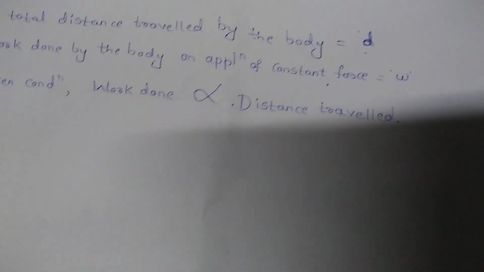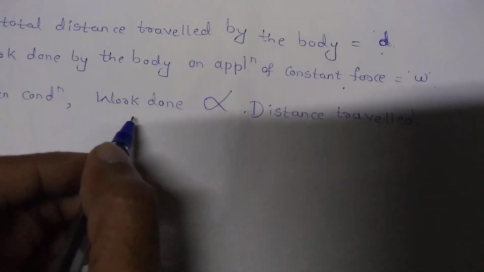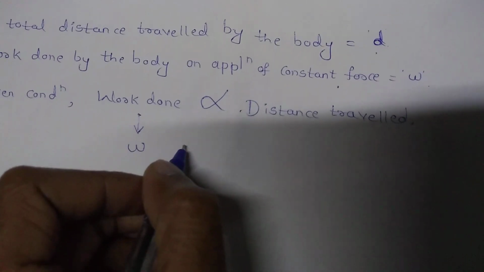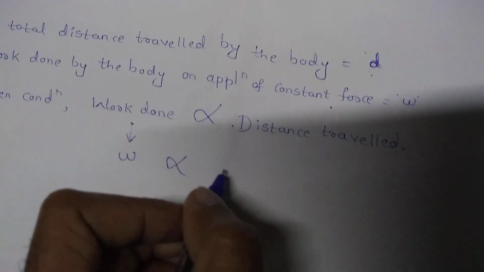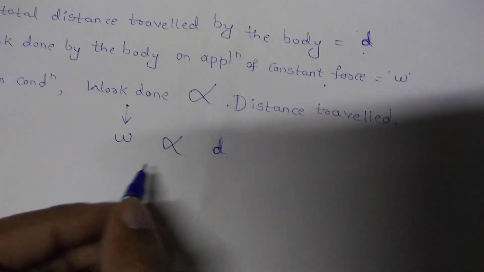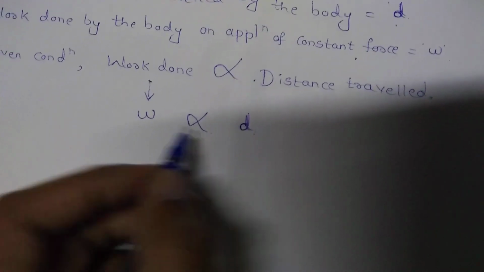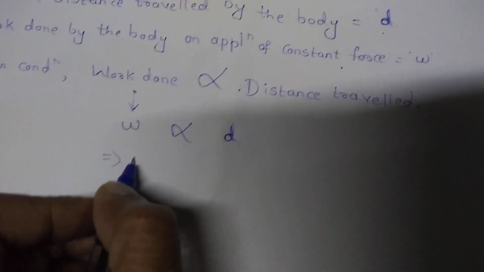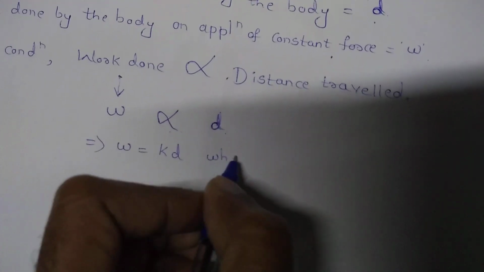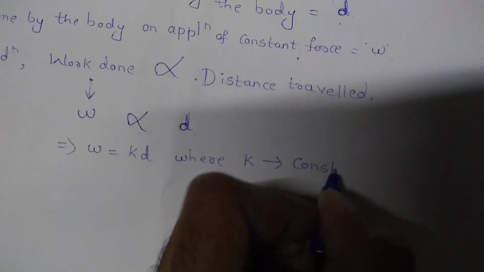So here some physics is required. We have denoted the work done by the body as W, that is, W is directly proportional to distance traveled, that is D. If you want to remove a proportionality sign, you will be introducing some constant. So this implies W is equal to K into D, where K is a constant, right?